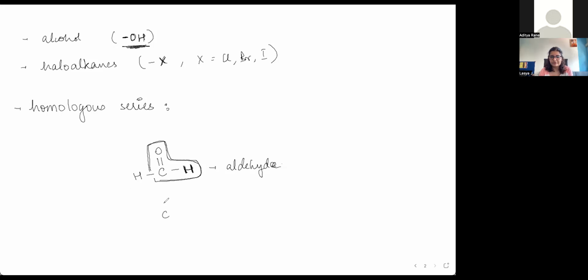If you have C double bond O and there's carbon on both sides, it can be anywhere, this will be a ketone, which is why the smallest ketone has 3 carbon atoms. The first ever ketone is propanone, because if you take away any one, you have to add a hydrogen to fulfill the bond, and that makes it an aldehyde. So it's not a ketone anymore.